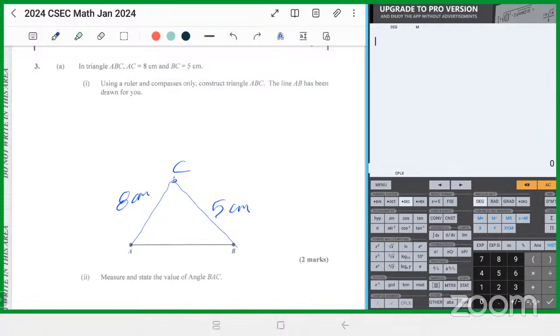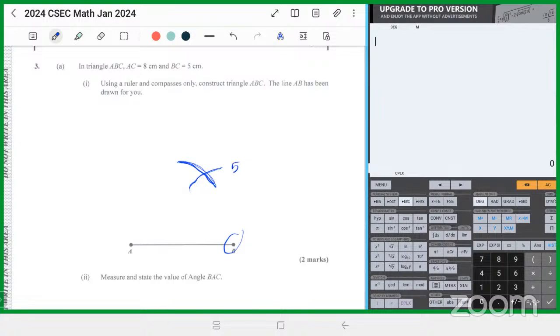All right, so let me just explain how I'm going to do it. I'm going to open my compass to 8 centimeters from here and make an arc, an 8 centimeters arc from here. And then from this point, I'm going to open the compass to 5 centimeters and make an arc that is 5 centimeters from here.